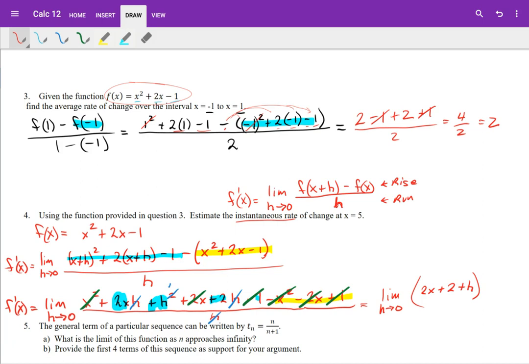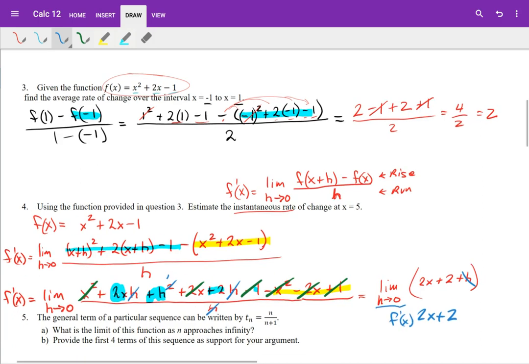Now we basically are making h equal to 0, and so this becomes 0, and so your derivative is 2x plus 2. This is your derivative.